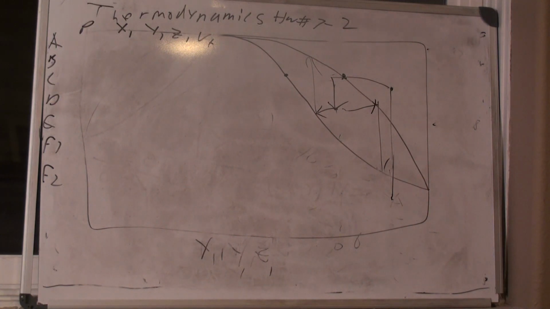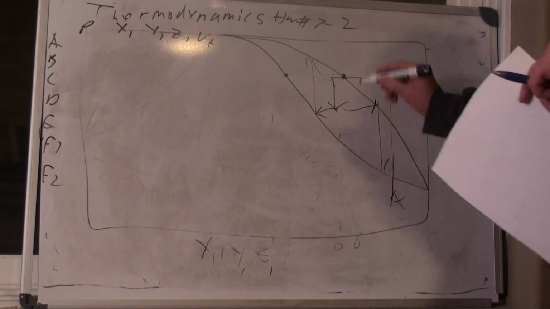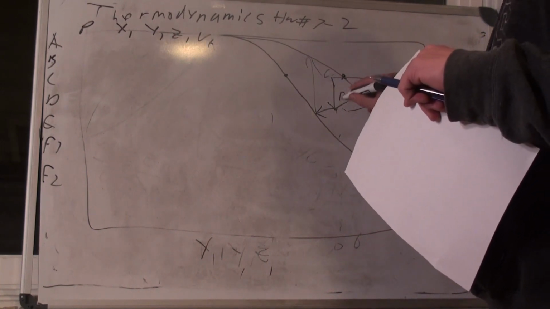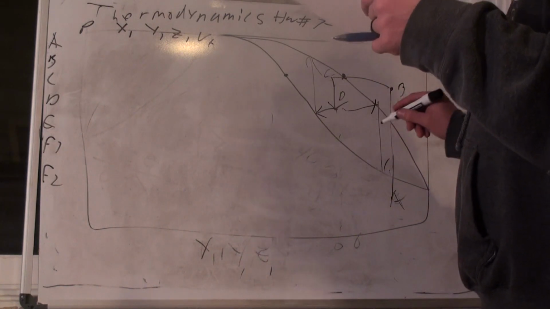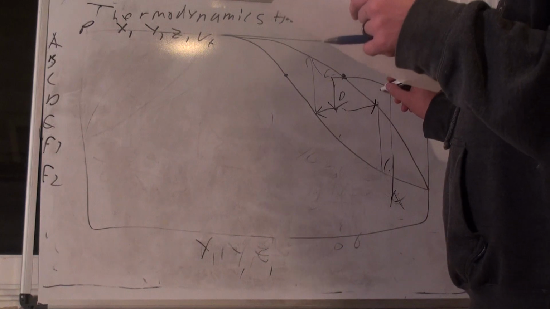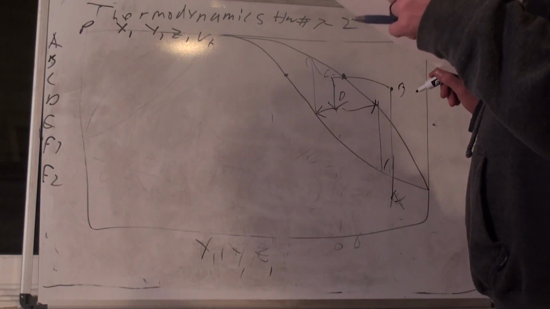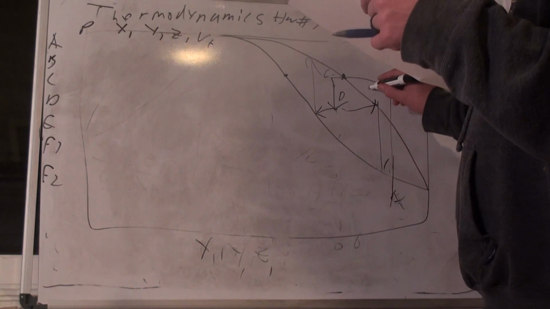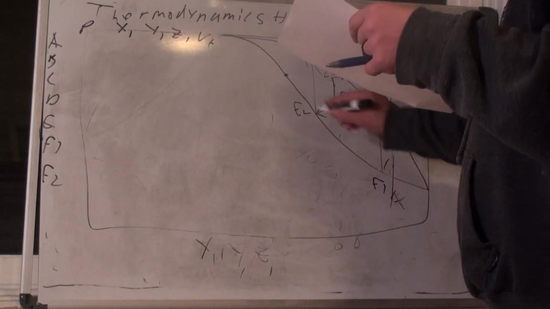So let's look at A. A was down here. So this was A, this was B, this was C, this was D, and then E was essentially separating them. So this was E1, and this was E2, and this was F1 and F2.